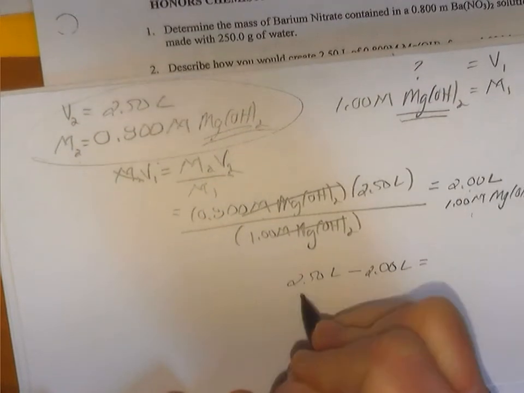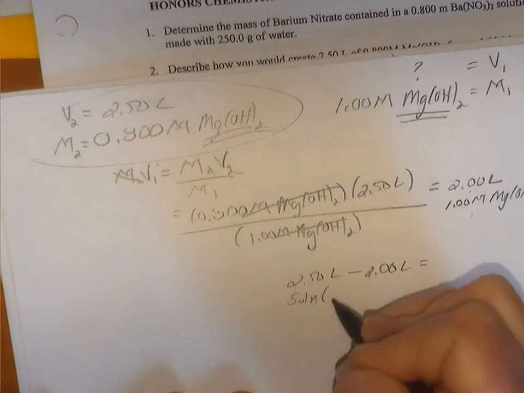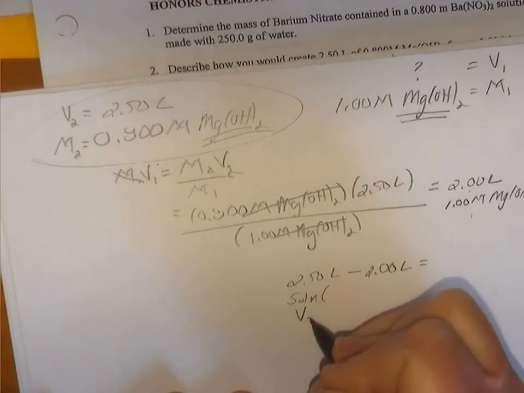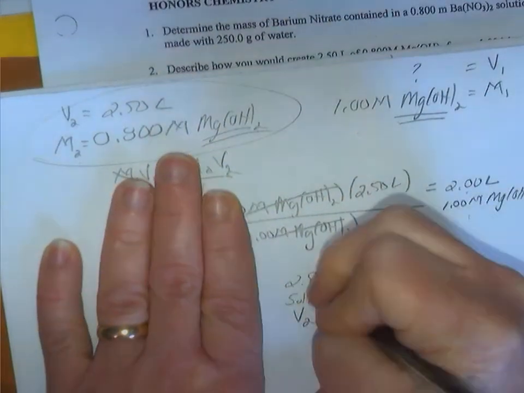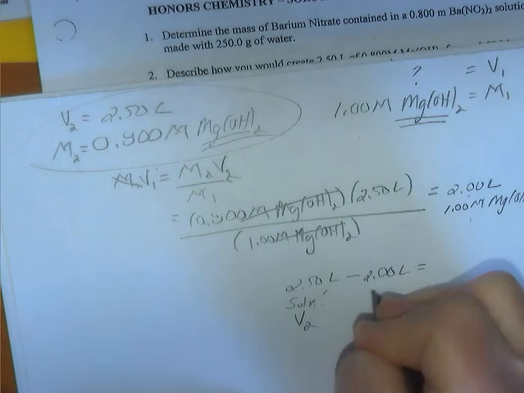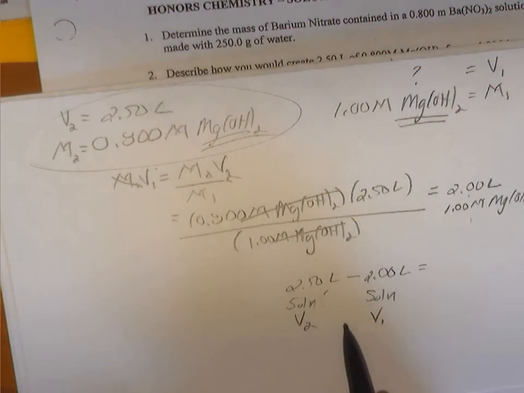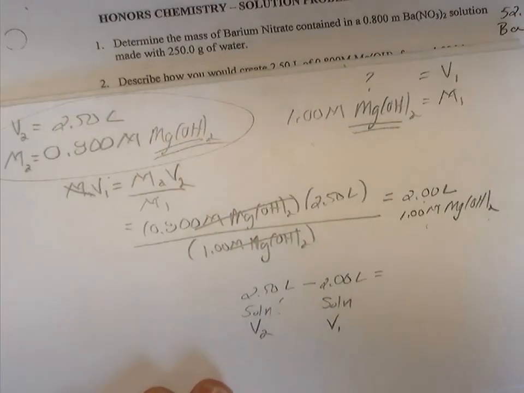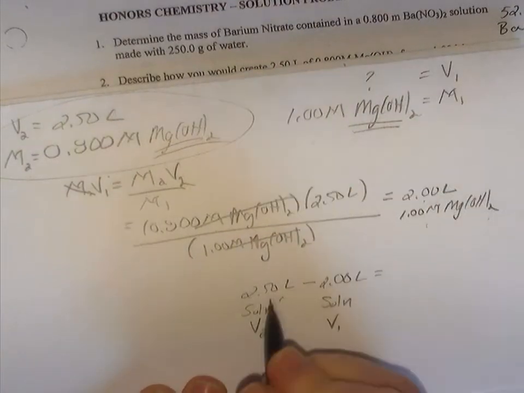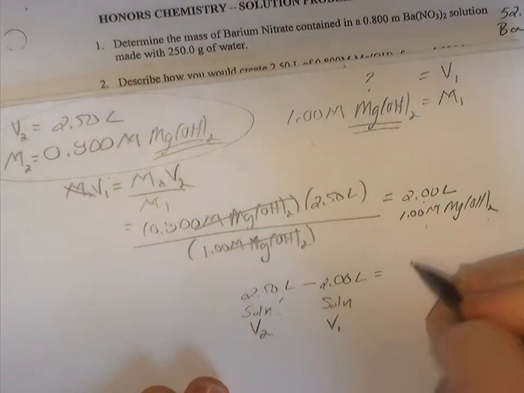So this is your solution volume 2 minus the solution volume 1, well, that's the difference in volume will be the solvent that you have to add. So, of course, now when we subtract, we respect least precise decimal place.